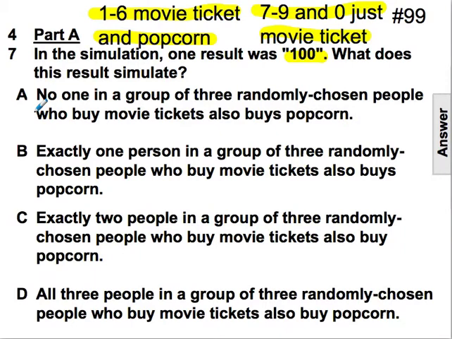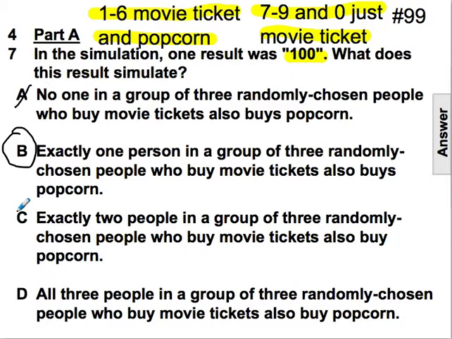A says no one in the group who bought movie tickets also bought popcorn. Well, that's not true because we know that the number 1 bought movie tickets and popcorn. B, exactly 1 person in a group of 3 randomly chosen people who buys movie tickets also buys popcorn. This one is true because 1 was the only person who bought movie tickets and popcorn.